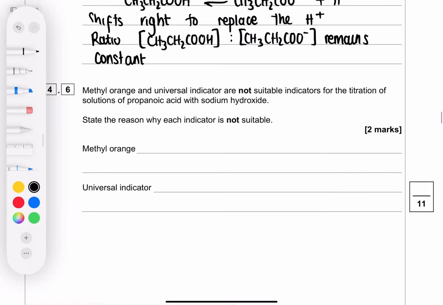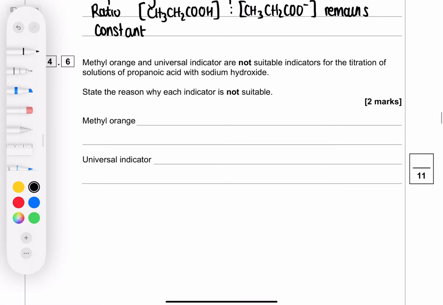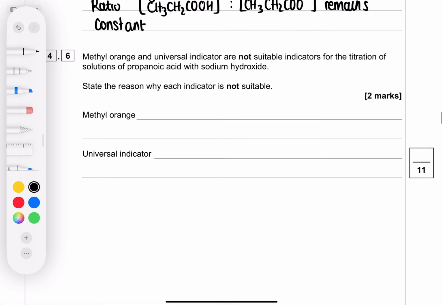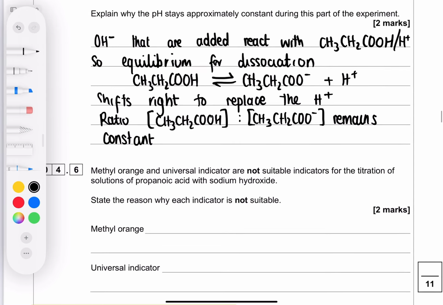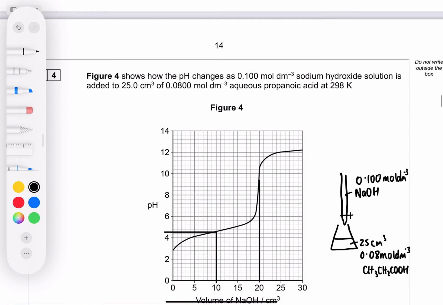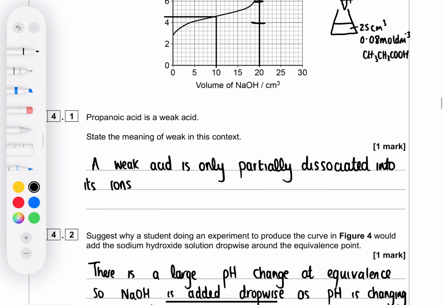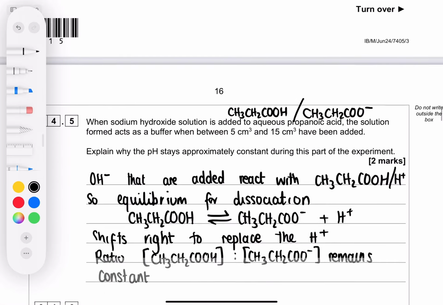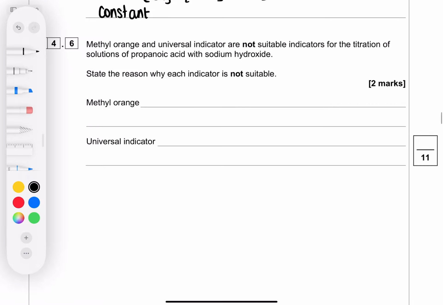Methyl orange and universal indicator are not suitable indicators for this titration. Why not? Methyl orange has a pH range that is fairly low down on the pH curve, between about 4 and 6. So it changes colour here. Its pH range does not fall within the vertical region of rapid pH change.